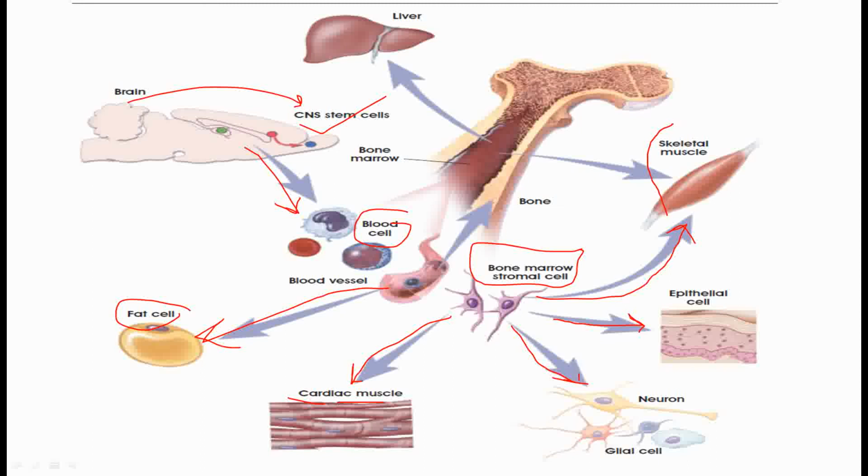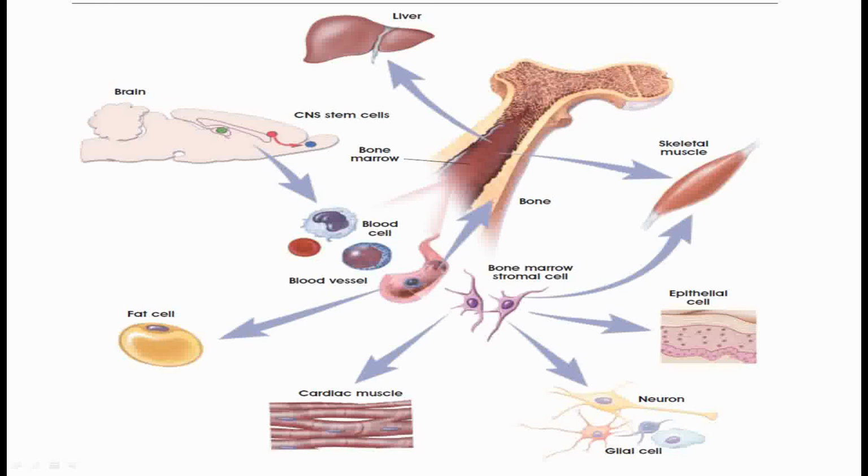These are all differentiated cells. They can also give rise to glial cells. Bone marrow stromal cells can give rise to glial cells, neurons, epithelial cells, and skeletal muscle cells.